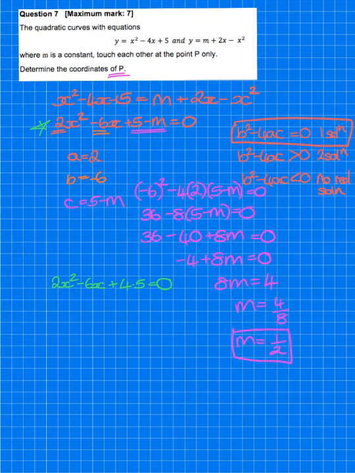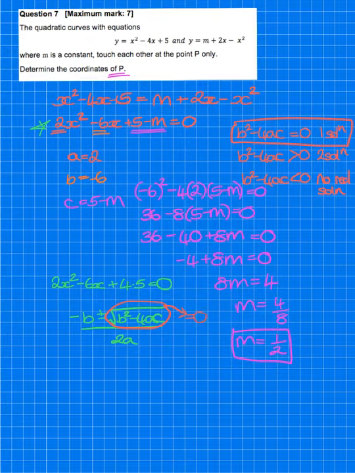We could try and factorise it. But with that 4.5, it's going to be a little bit tricky. So I'm going to use my quadratic formula. I'm going to use minus b plus or minus the square root of b squared minus 4ac all over 2a. Now, there's not a lot of point worrying about what this is because we already know that that's equal to 0.